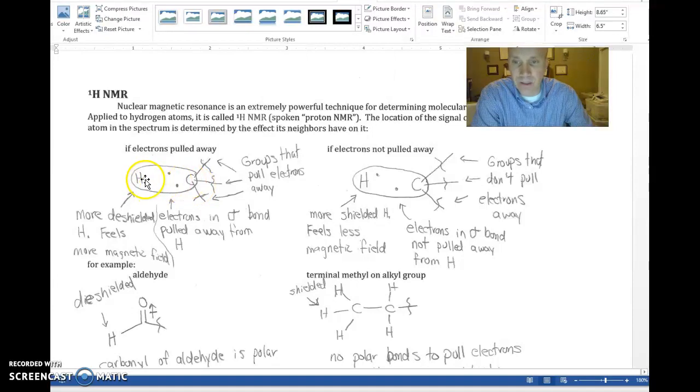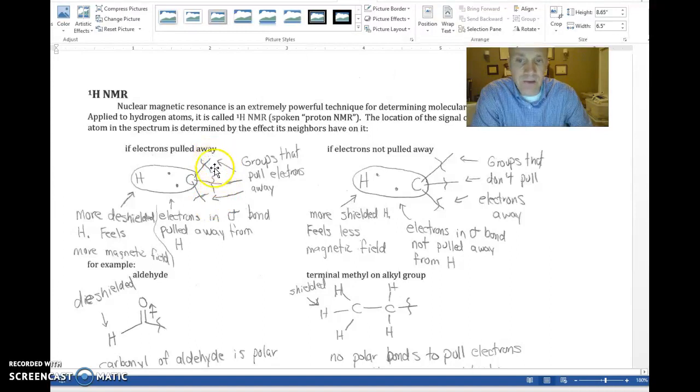You should know that in the bond there are two electrons being shared. So that's what these two electrons are showing. This is just an isolated sigma bond, and you're going to have some other groups connected to this carbon as well. It doesn't have to be three different groups, but it could be up to three.